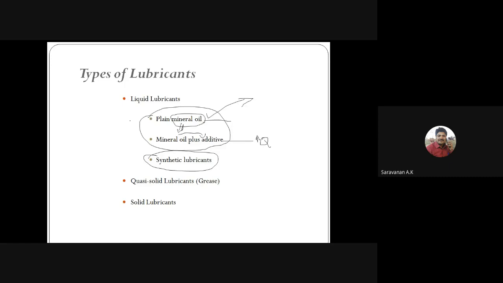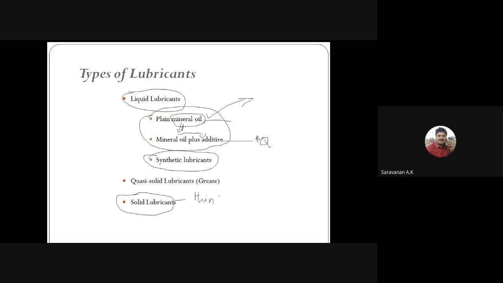So that is the liquid lubricants, and then we have solid lubricants. A solid lubricant is a very thin layer of material used between the mating parts, where the friction has to be minimized. Between the mating parts we impose a very thin film of material.